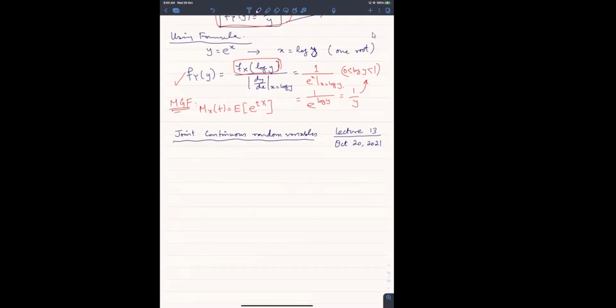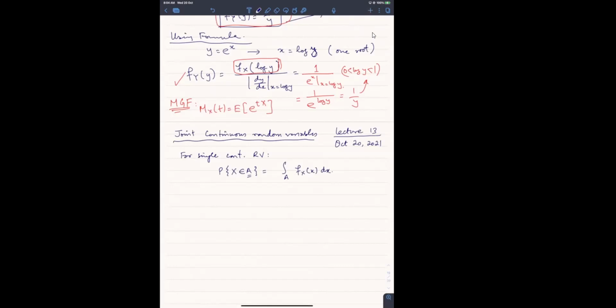If you recall, for a single continuous random variable, we had defined the probability density function of x as the integral over this event A, x belonging to A, of this function fx(x) dx.